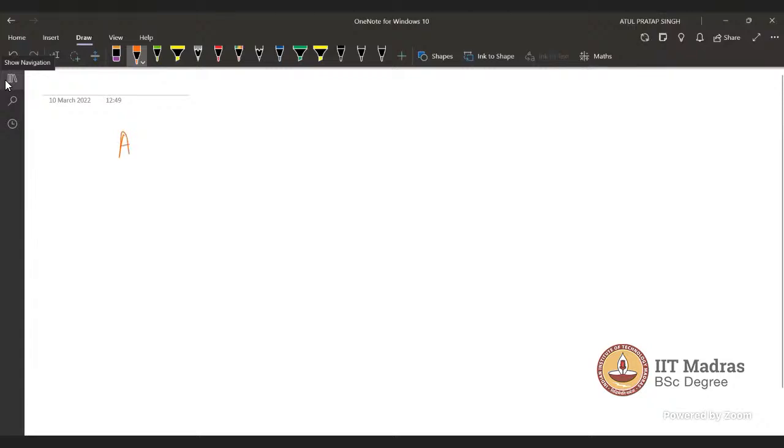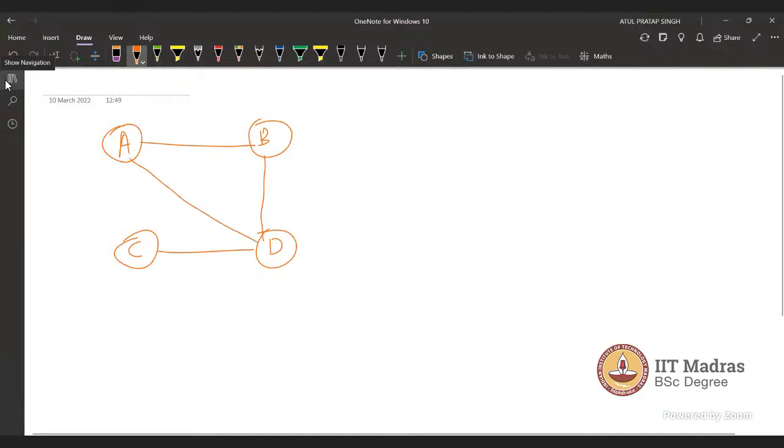For example, we have a graph A, B, C. Okay, so we have edges like this, 10, 25. So in this directed graph, all weights are positive. There is no problem with positive weights. If the graph has positive weights, we can apply Dijkstra's algorithm.